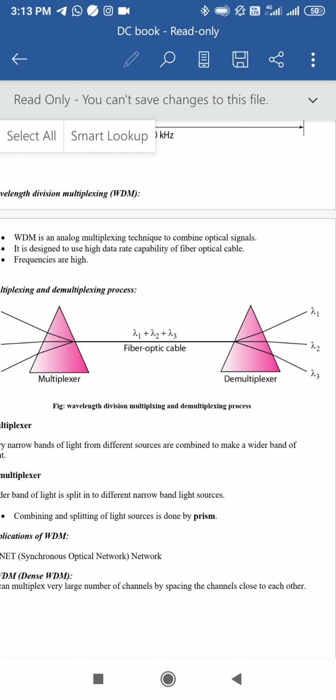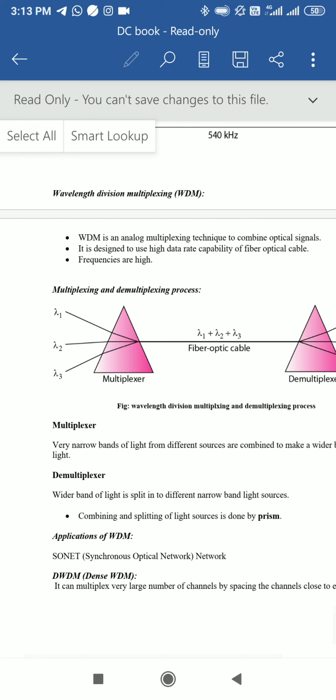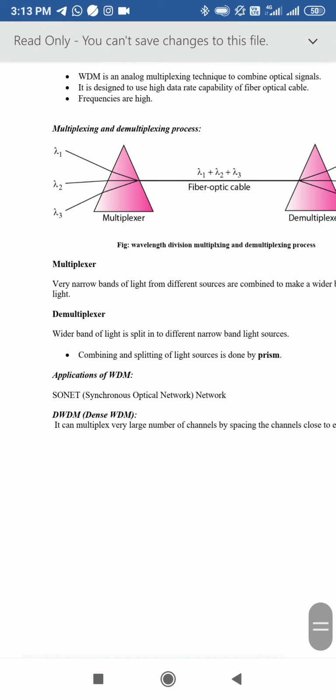And over the transmission medium, we can see the sum of wavelengths as lambda 1 plus lambda 2 plus lambda 3, which means we can say that the data rate capacity of the optical cable is higher than other transmission media. An application of WDM is the SONET type of network, synchronous optical network. This is the type of network where the transmission of optical signals takes place.